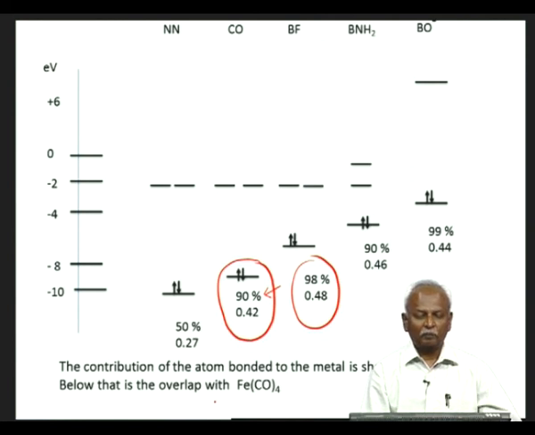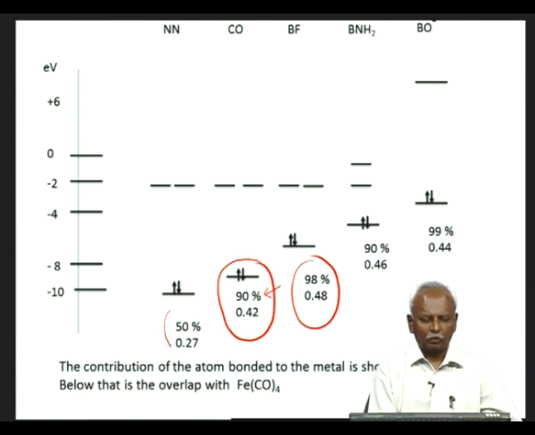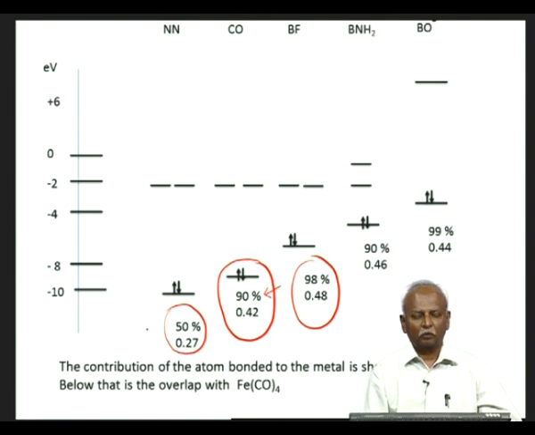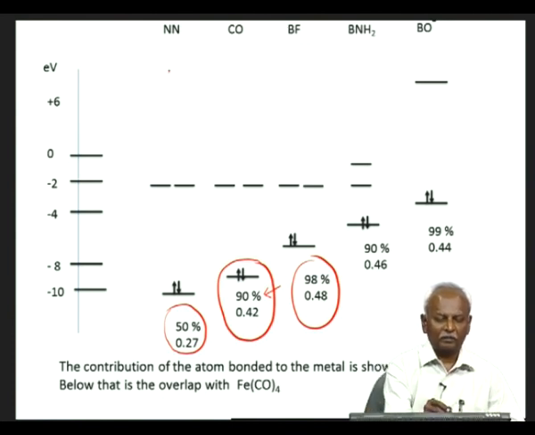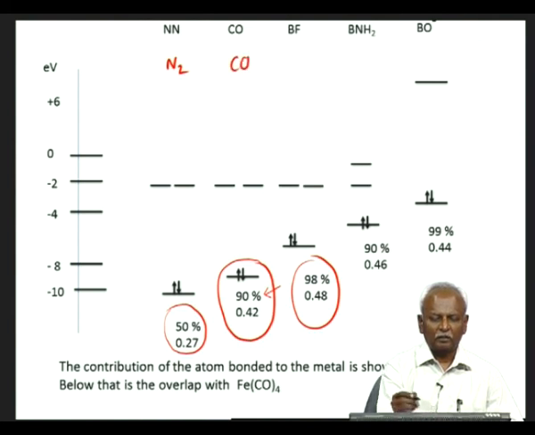Similarly, if you go to dinitrogen, the electron density on one of the nitrogens will only be 50%, because both atoms are equivalent, they are both isoelectronic. So, this is N2, this is carbon monoxide, and this is your BF molecule.